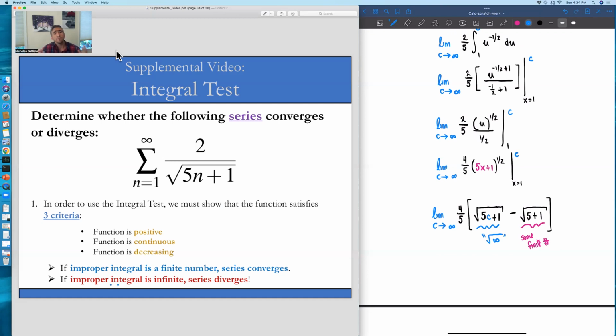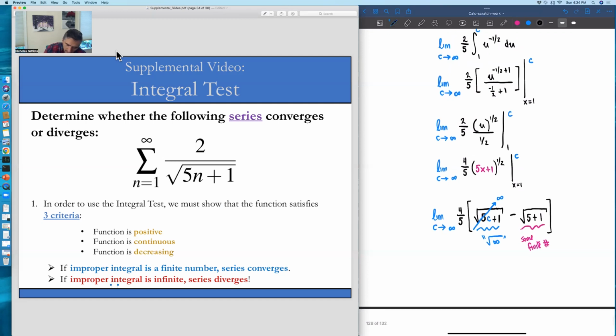And if we're thinking about the square root of infinity, that's just growing and growing as we're increasing that limit. So this quantity goes to infinity, which means this limit is equal to infinity, which means the improper integral is divergent. So by the integral test, the series is also divergent.